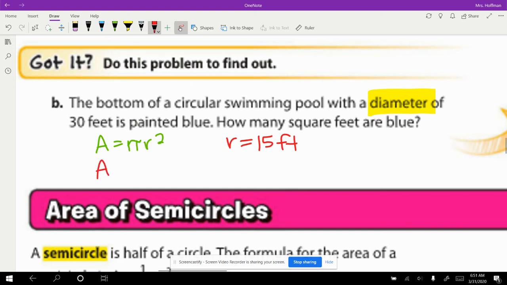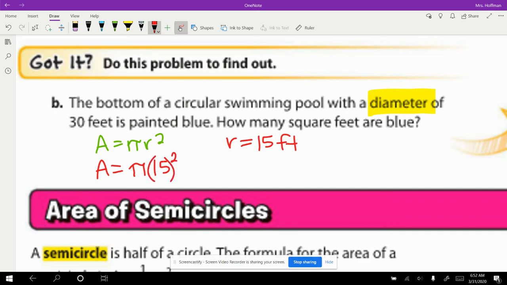So area is equal to pi, whatever approximation we choose to use. Since 22 over 7 is not compatible with 15, I'll probably use that decimal again, 3.14. And then we're going to plug in 15 and make sure that it is squared. Okay.